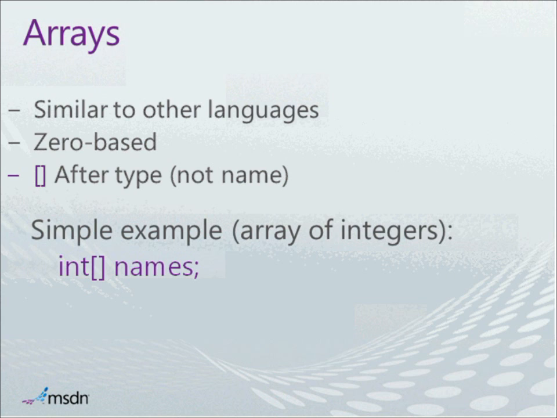C# will allocate space based on how you've declared the object, and it will always start with the first element at element number 0. So you might have 10 items in the array, but the first one has an index value of 0, and the last one will have an index value of 9, giving you a total of 10 elements.